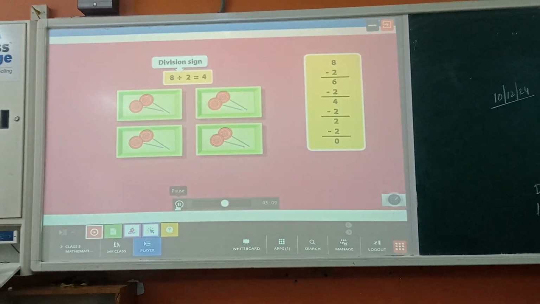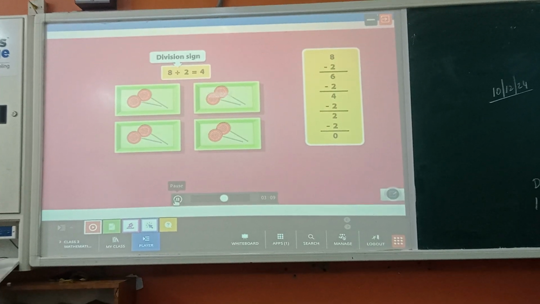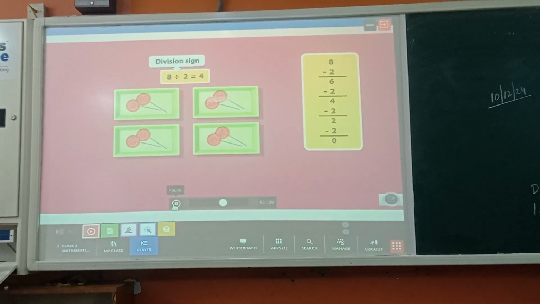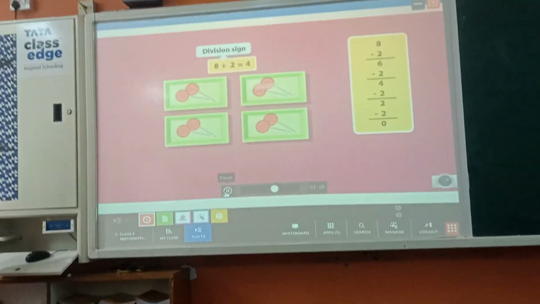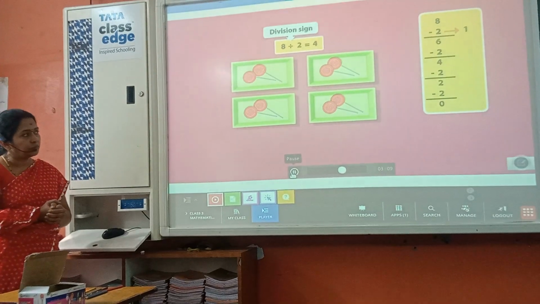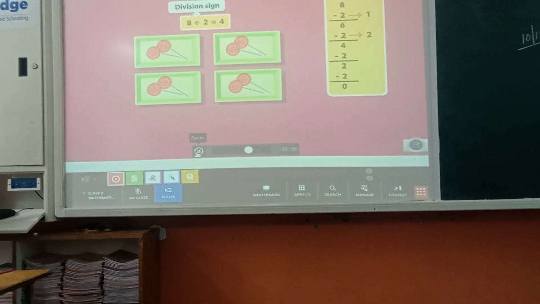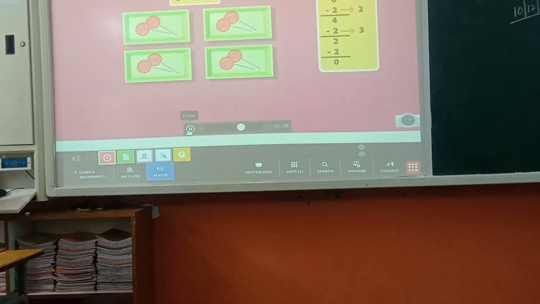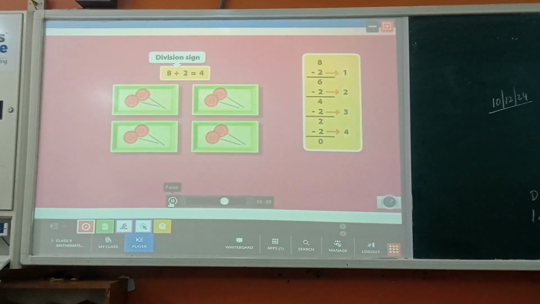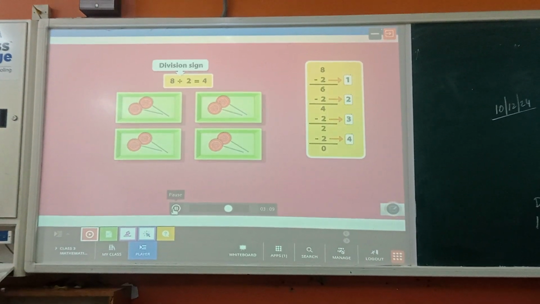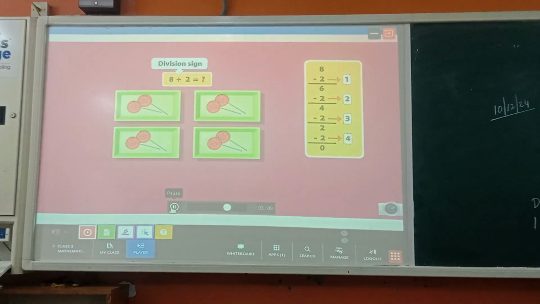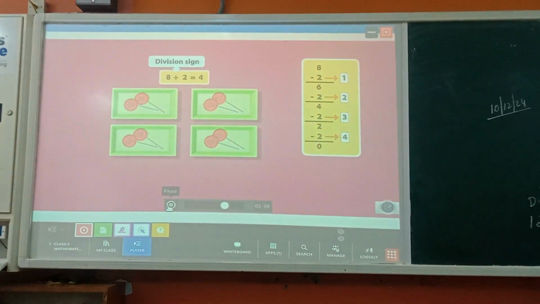Now, Pasha, can you see how many times we subtracted 2 candies? How many times was it subtracted, children? 1, 2, 3, 4. So it is subtracted 4 times. We performed the subtraction 4 times till we reached 0.